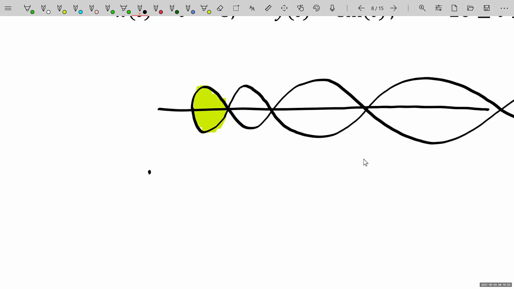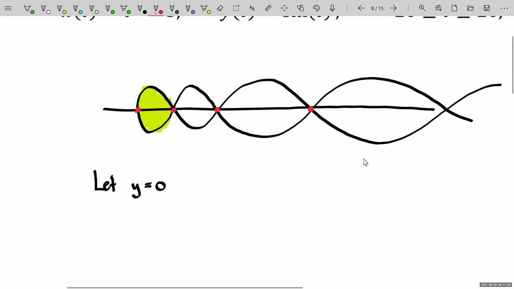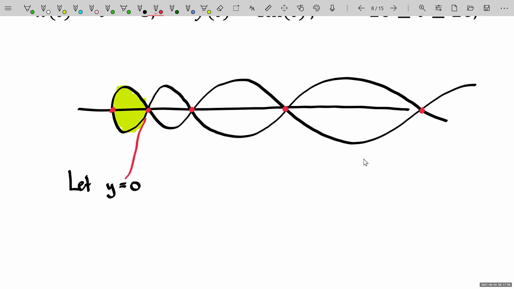So we're going to let y equal 0, because when y is equal to 0, we'll get all of these points right here, all the time values where you cross the x-axis. That will be when y is 0. So we'll have an infinite number of options.